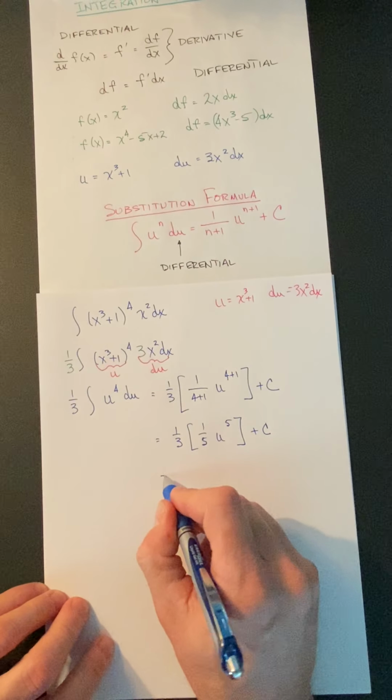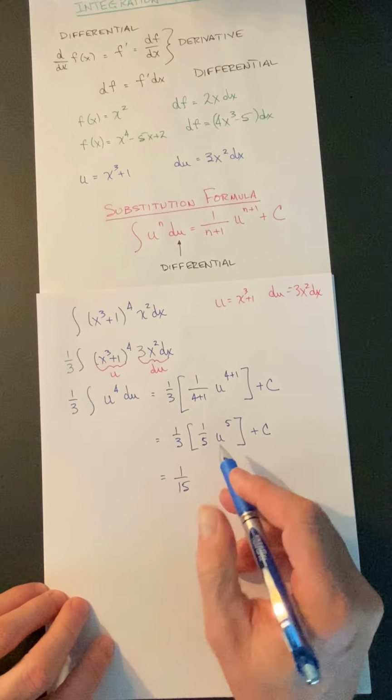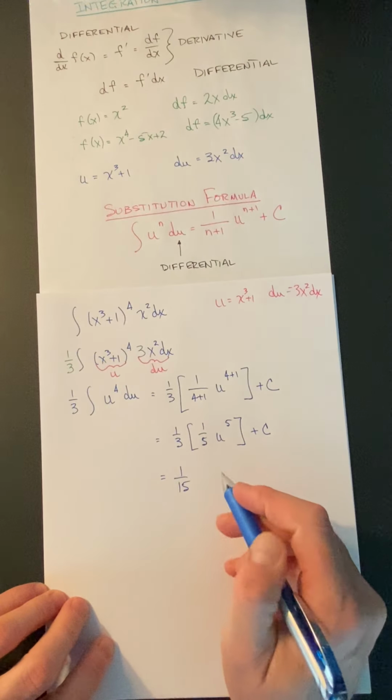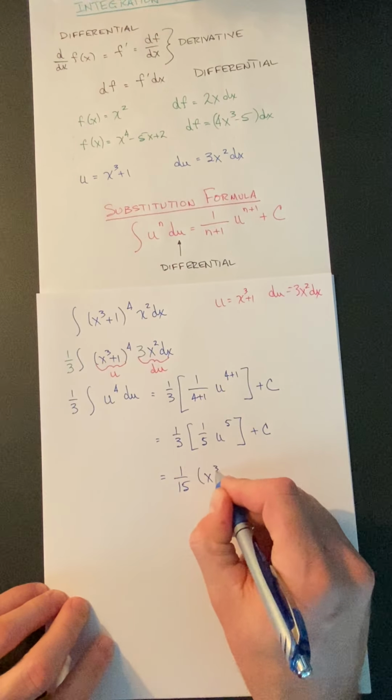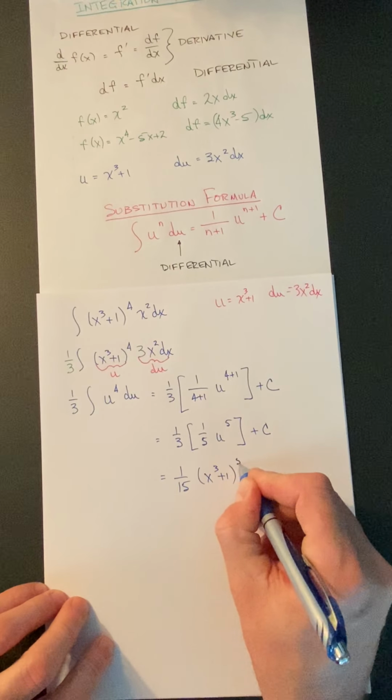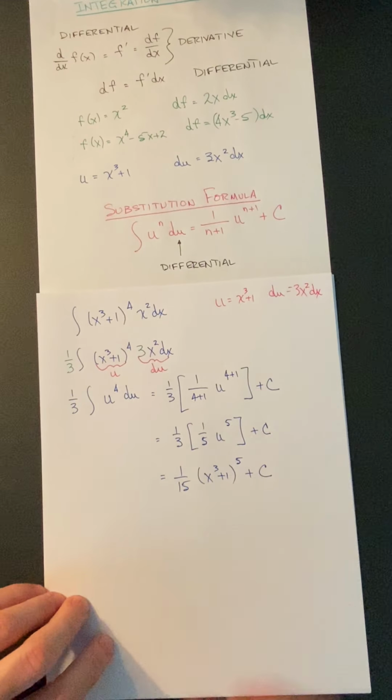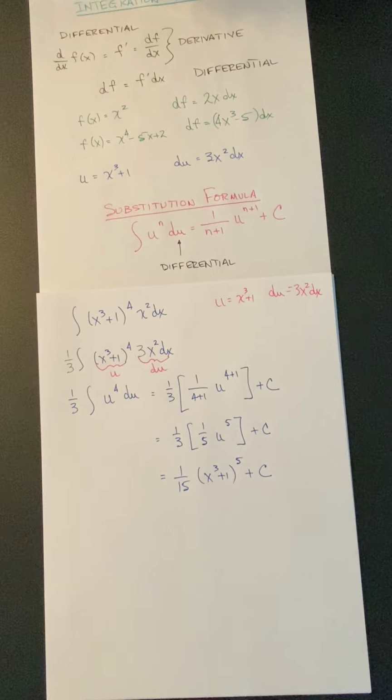And now I can substitute, and I can multiply those together. U is x cubed plus 1, so x cubed plus 1 to the 5th power plus my arbitrary constant, okay?